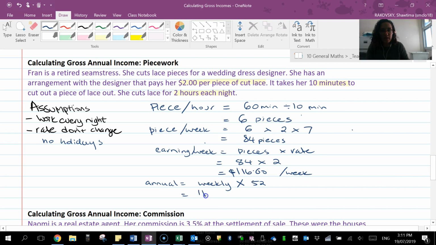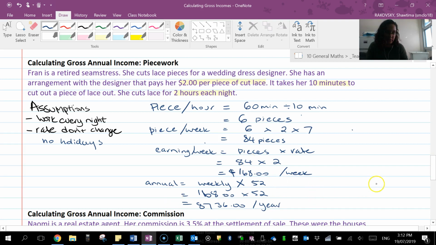And that weekly rate should be 168. Okay, that's $168 times 52 weeks, which gives us a total of $8,736 per year.